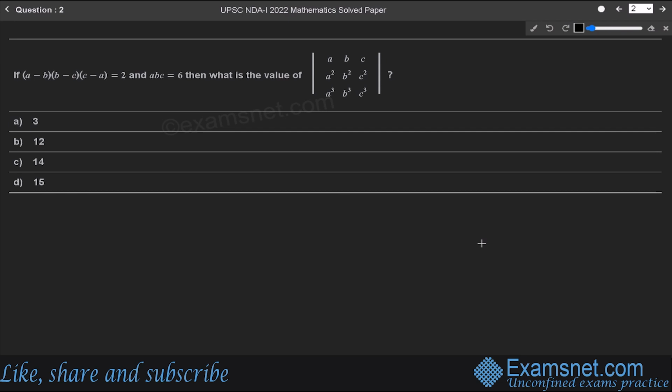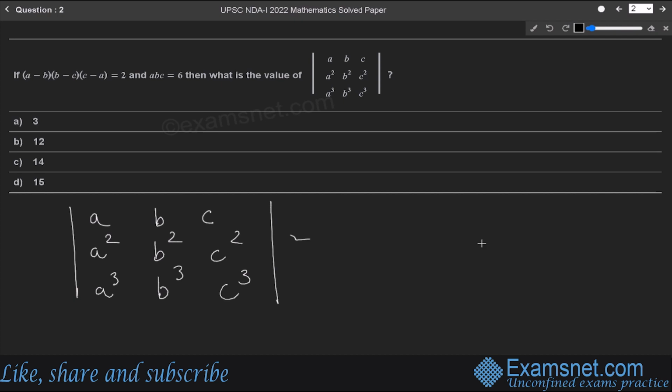This question is again from the chapter matrix, and the value which is given in the question is ABC, A square, B square, C square, A cube, B cube, C cube. Now tell me what is common in this determinant?